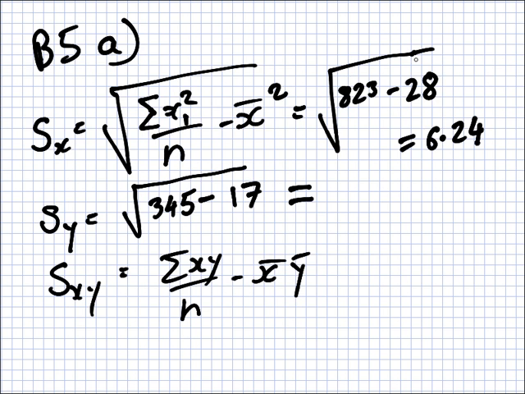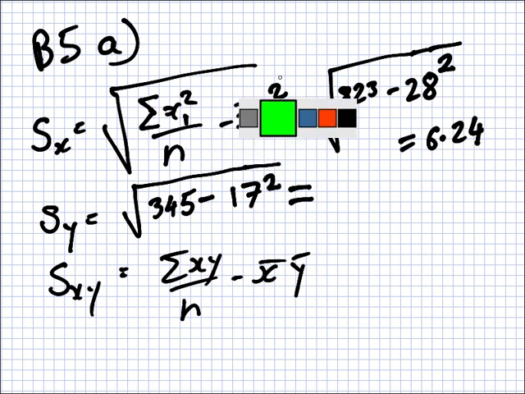Do we? Oh, I'm so sorry. Thank you. Apologies. Yes, you're right. 28 squared. Thank you. Is it still 6.24 though? Yeah, yeah. And then, sorry, there's a square here as well in my formula.